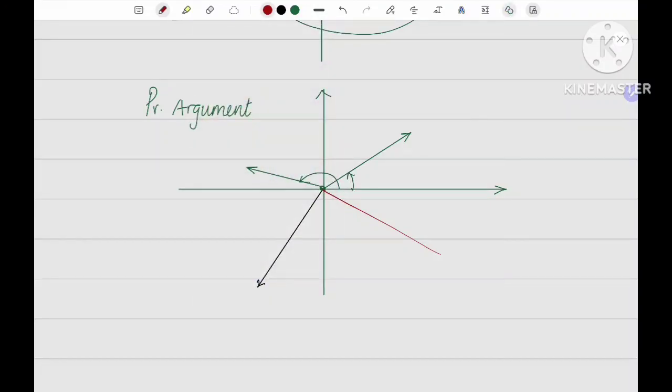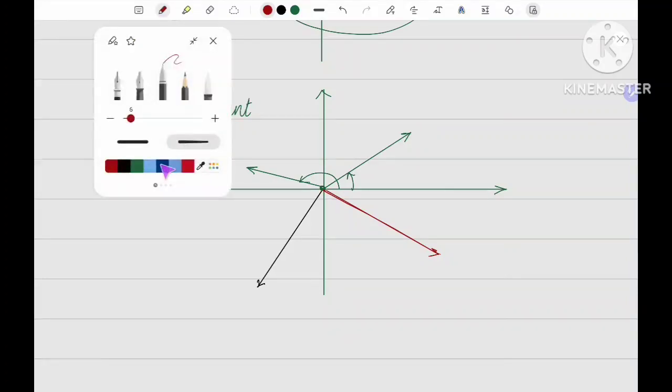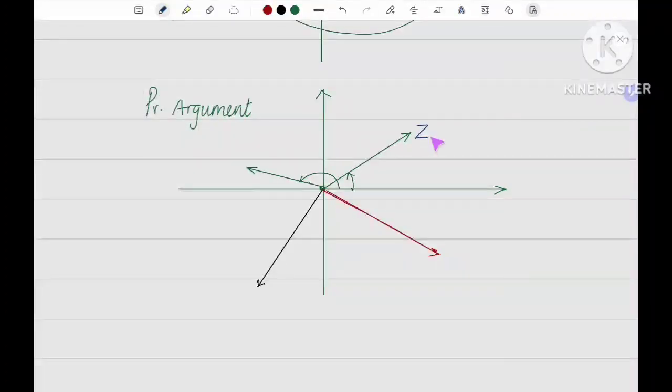So let us say this is Z1, this is Z2, this is Z3, this is Z4.